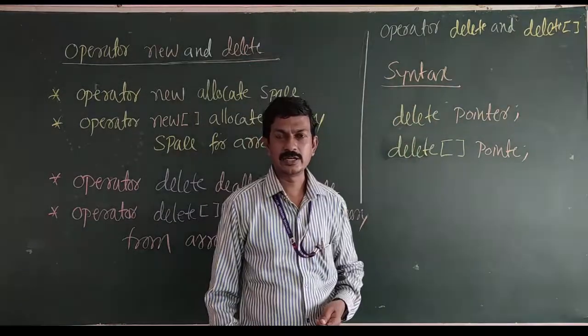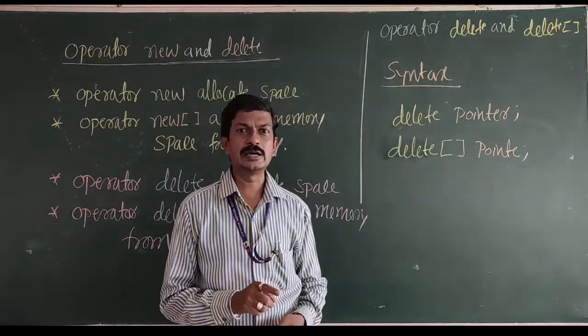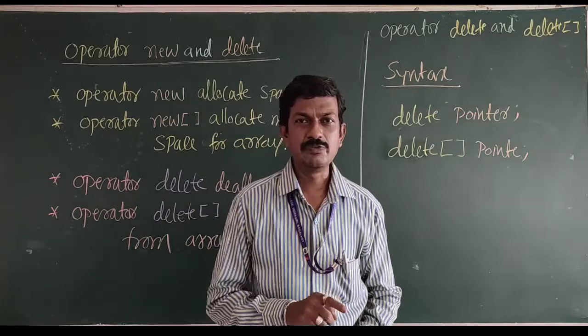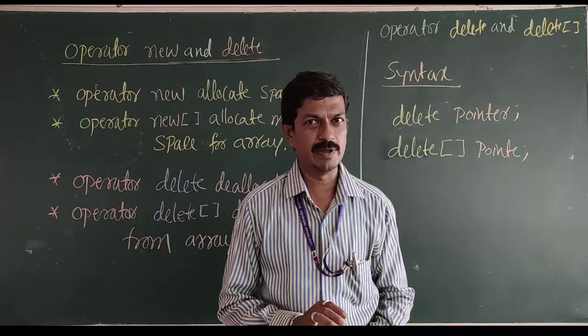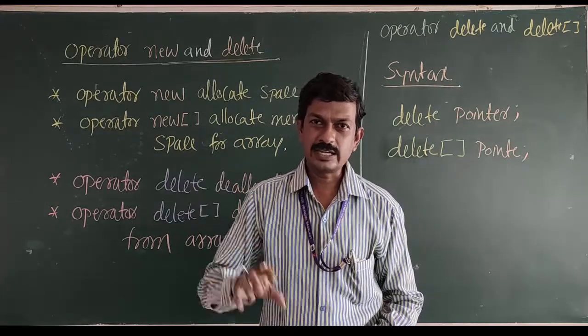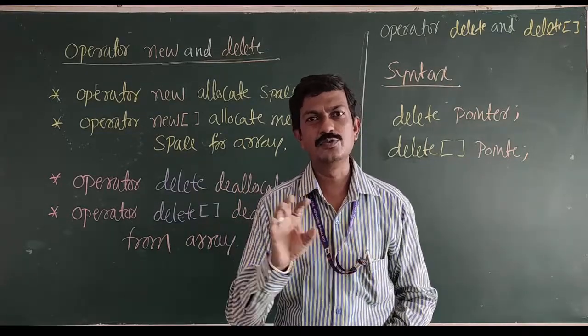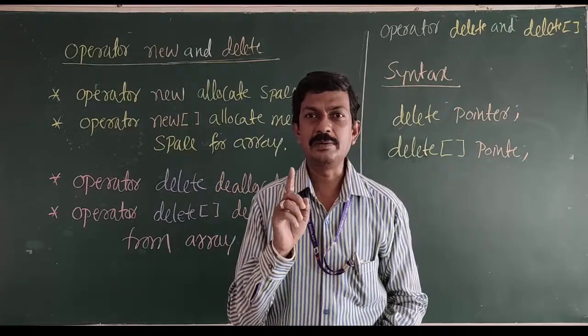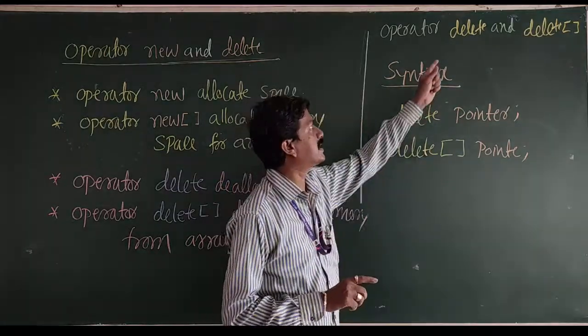Delete is an operator which deallocates the extra amount of memory allocated for a normal variable. Means we declare a normal variable, and for that we allocated an extra amount of memory using new, which can be deallocated with the help of the operator delete.